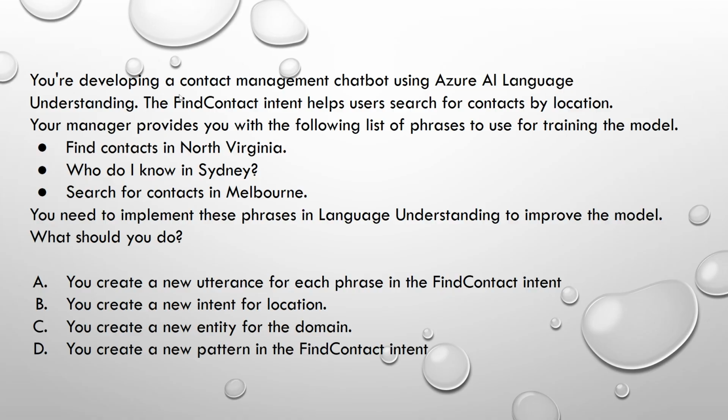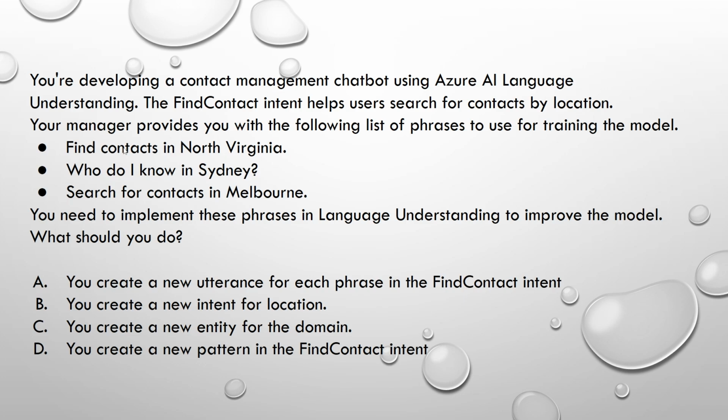In our case, the custom intent of the model is FindContact, and we have to train the model with sample utterances. The more utterances we provide, the more accurate the model will be. So these are the new phrases which we have. These are different versions of the FindContact intent.